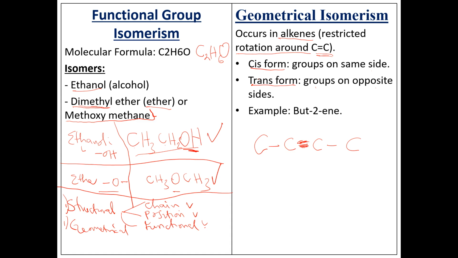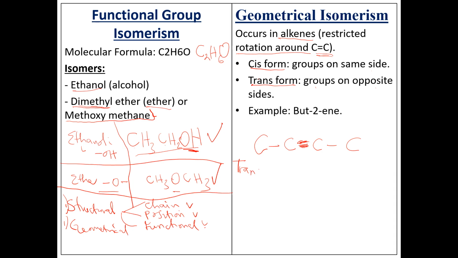I want you to draw those, and you tell me, how do we draw those? Showing the cis and the trans of but-2-ene. We are going to start with trans, and then I believe you can mark yourself.